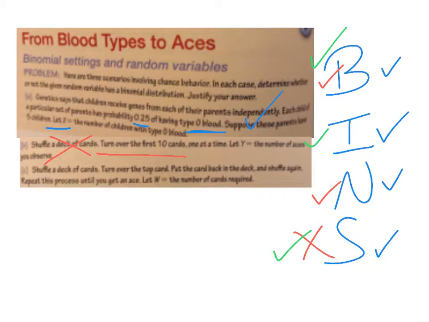However, I do not have a set number of trials. I am drawing a card until I get an ace. I am not counting the successes. I am counting how many cards I have to turn over until I get a success, and that's our geometric kind. So that would not be a binomial.